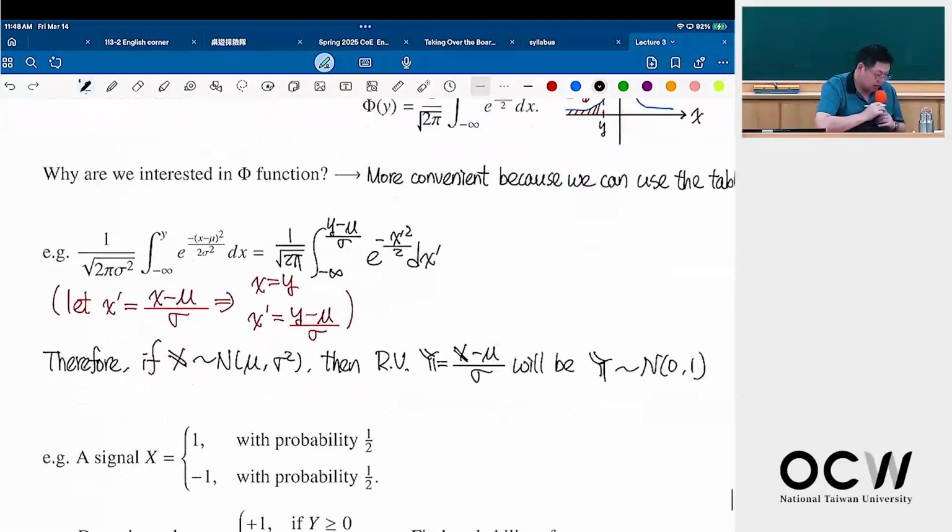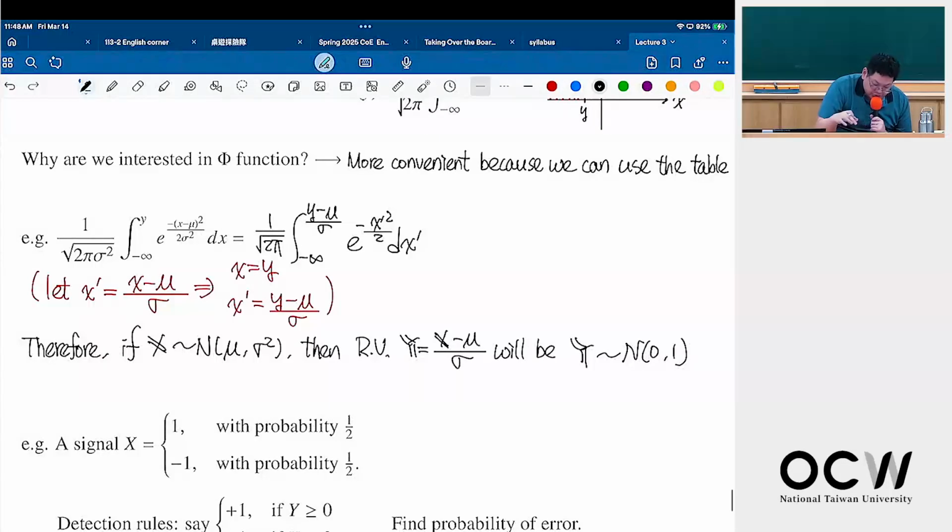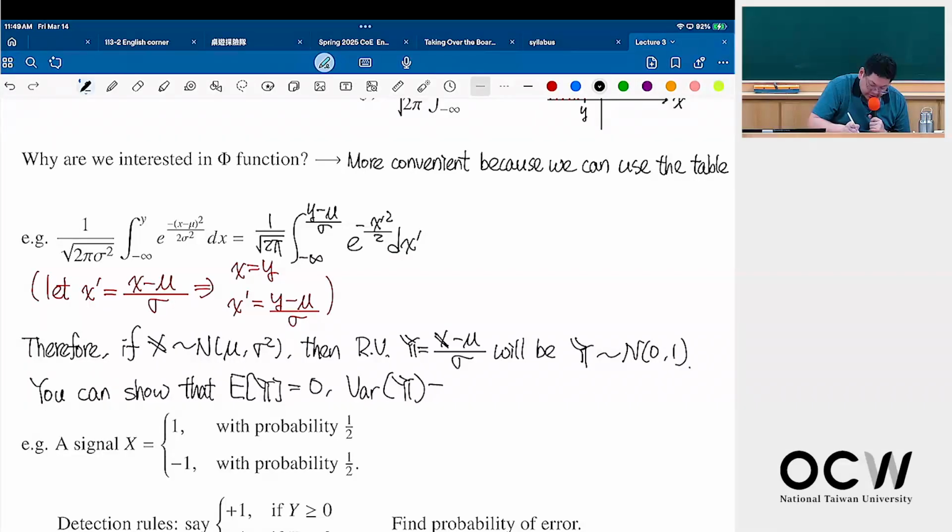And you can easily show that the mean is 0 and the variance is 1.